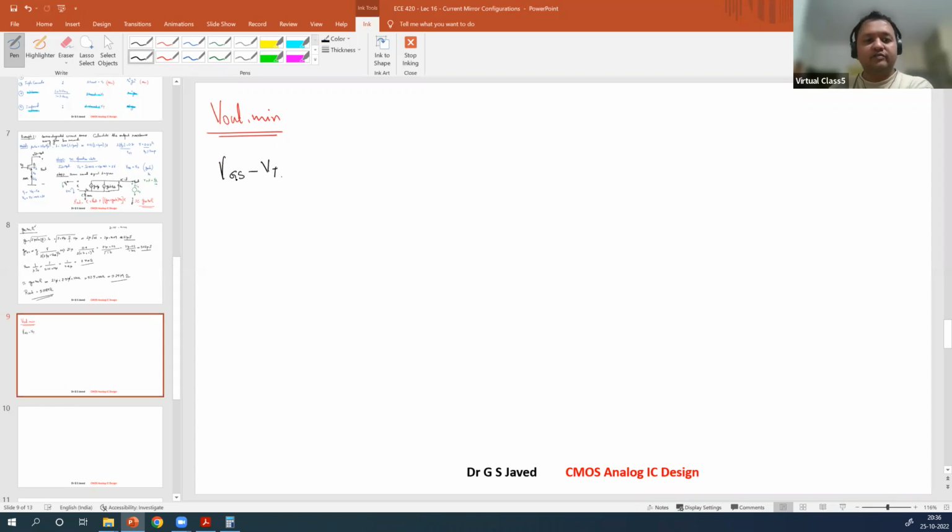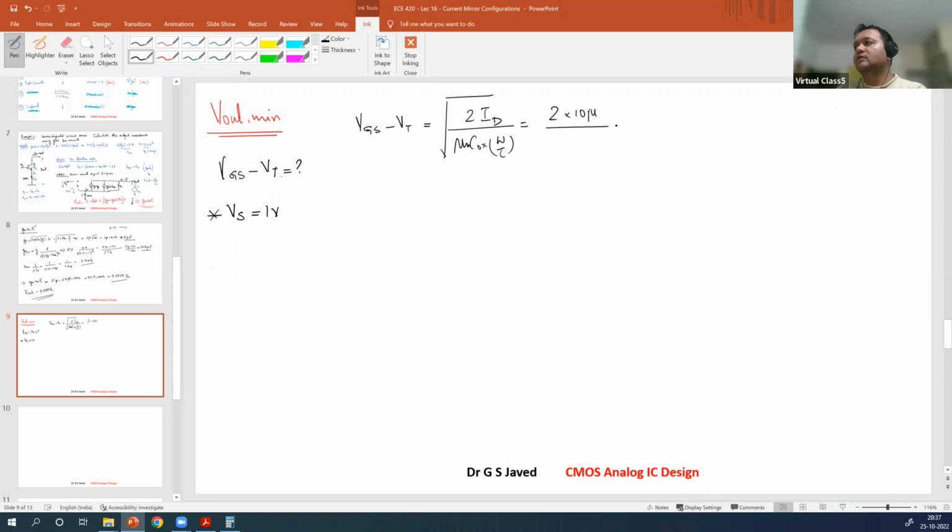So in this circuit, what do we have? VS is equal to 1 volt and V out we don't know. So VGS minus VT from the current equation, you will get 2ID divided by mu Cox W by L whole square root. This is given as 2 into 10 micro divided by mu Cox 110 micro W by L 2:1 whole under square root.